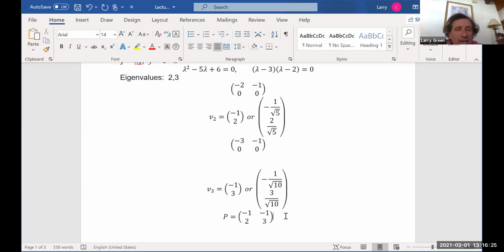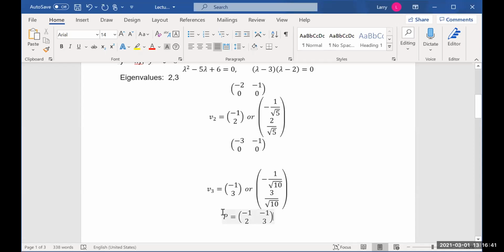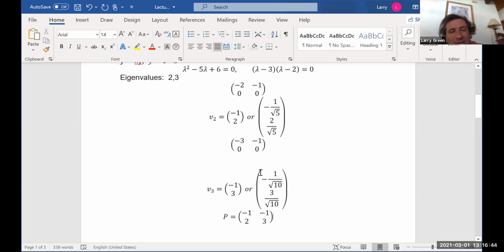In fact, the whole point of using the normalized eigenvectors is so that you can just take the transpose instead of the inverse. But here we don't have a symmetric matrix, so it doesn't work. So I'll just use the easy ones. The whole point of orthogonally diagonalizing is that you can use the transpose and not worry about the inverse. Fortunately, with 2 by 2s, inverses aren't so bad. In fact, let's do that. So what's P inverse?